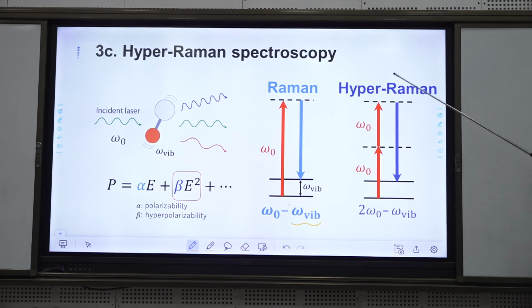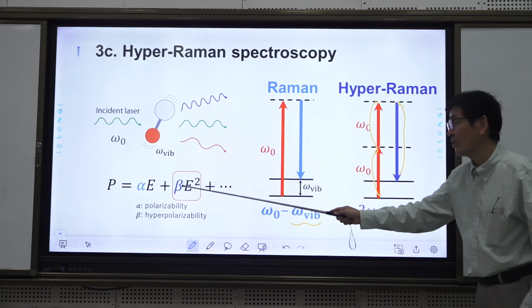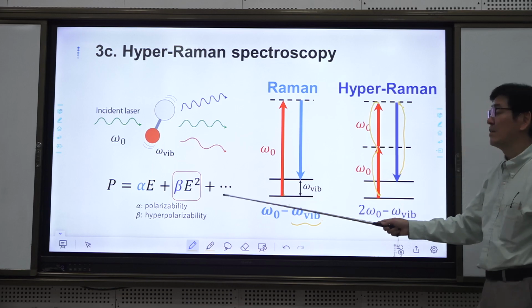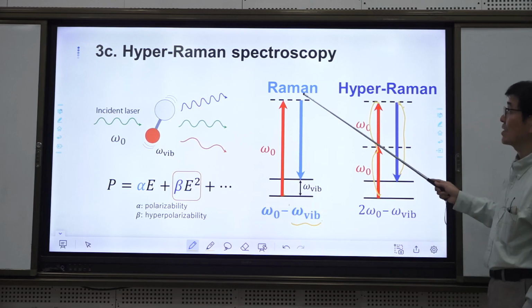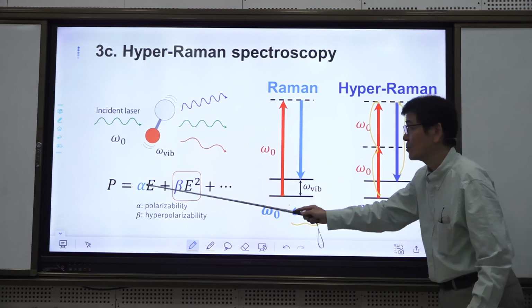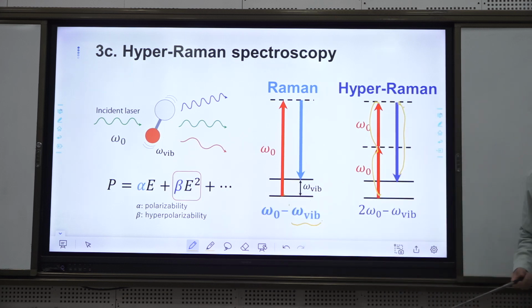Hyper-Raman spectroscopy is a two-photon excitation process, so nearly twice the energy is scattered during this process. And hyper-Raman scattering is related to the hyperpolarizability, similar to how Raman scattering corresponds to the polarizability.